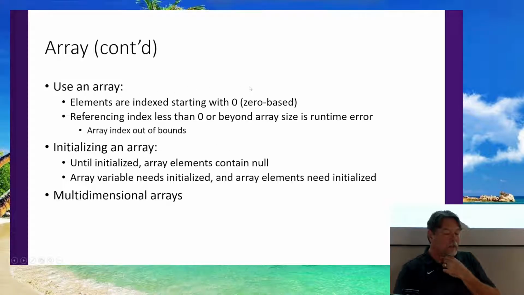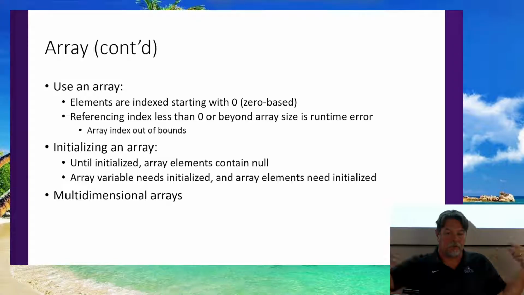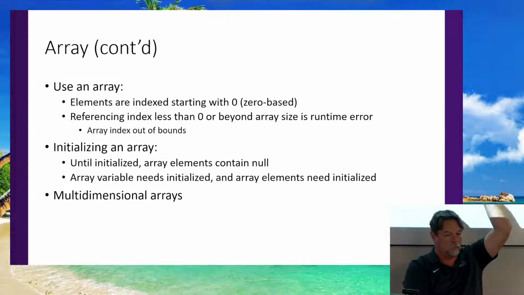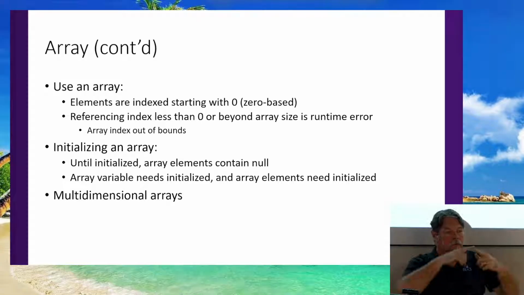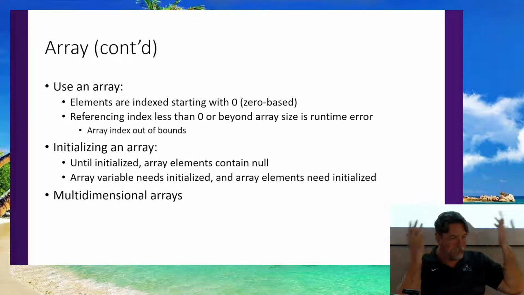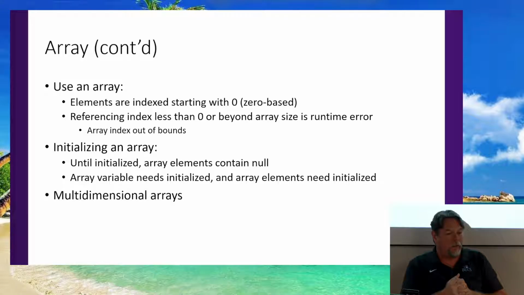Multi-dimensional arrays are pretty straightforward. Instead of having just a vector of a bunch of values, you have a table of values. So if I have a two-dimensional array, you have rows and columns visually. What's that going to do in memory, though?